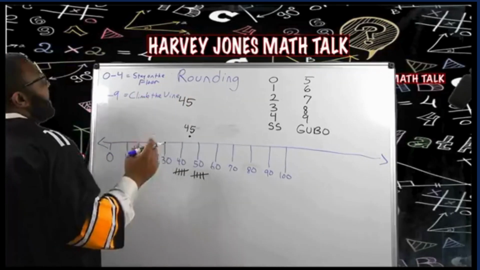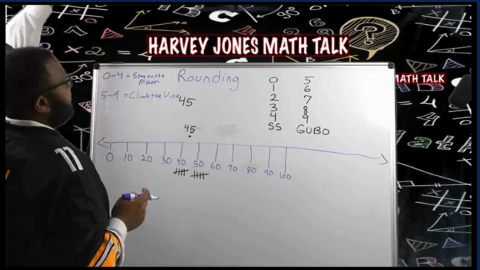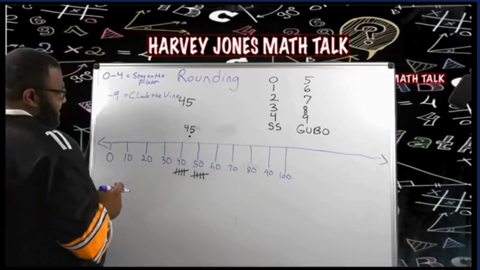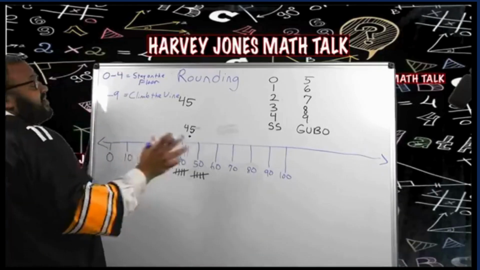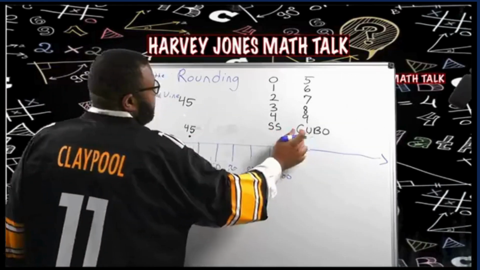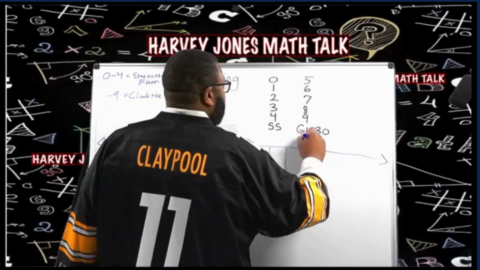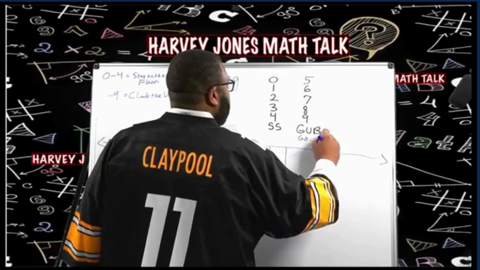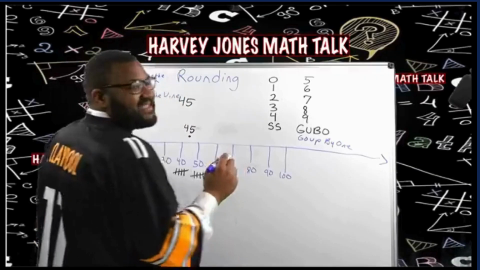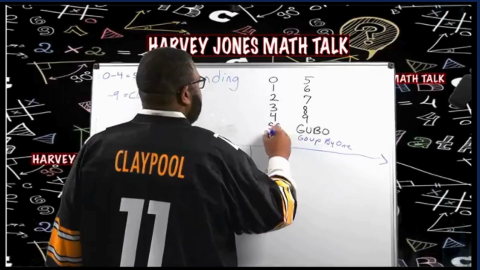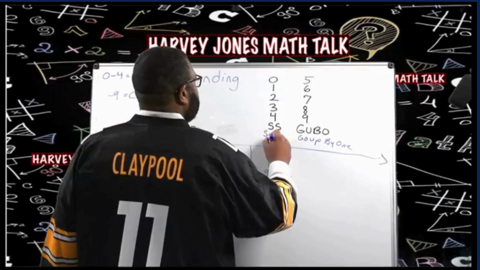Now, of course, when you climb the vine, you're going to go up. So it's the same thing right here, however you want to say it. I said, okay, that's neat, but I still am more partial to my Gubo, which means go up by 1. And my S simply means stay the same.